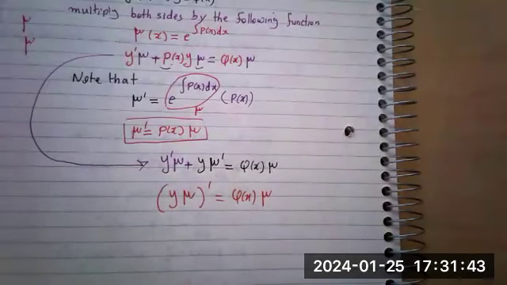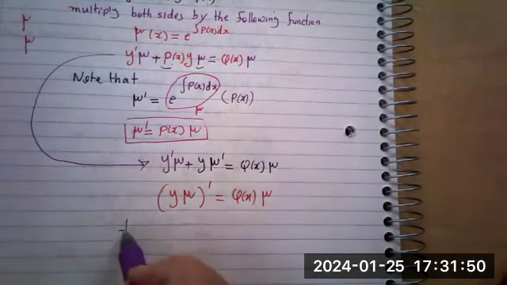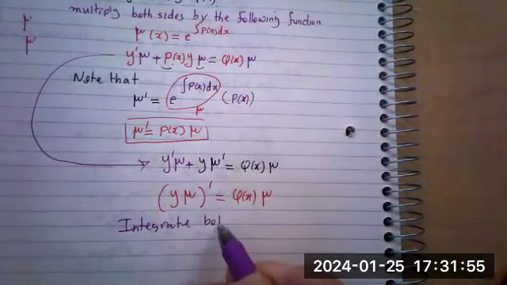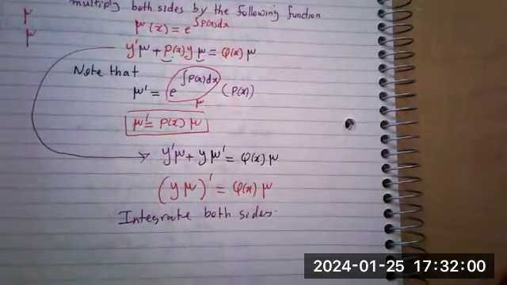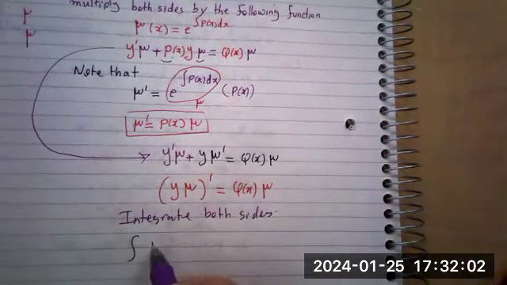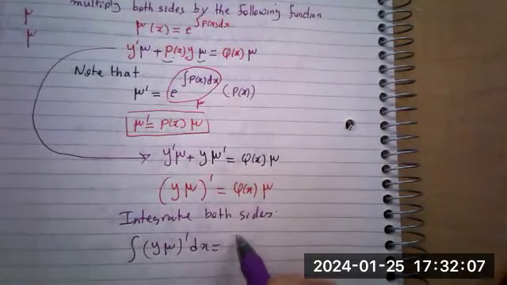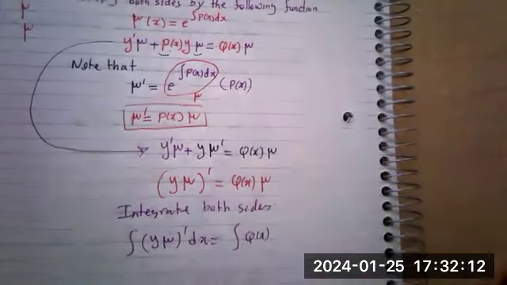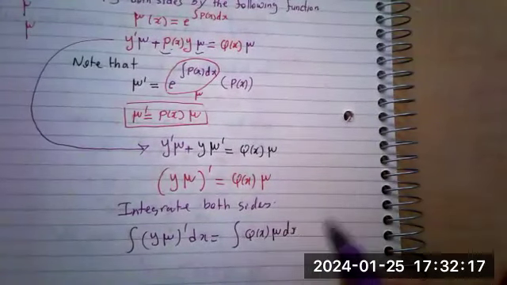Now I can integrate it. Integrate both sides. I write it down so that you know what's going on. The integral of the derivative of y mu dx equals the integral of q of x times mu dx.